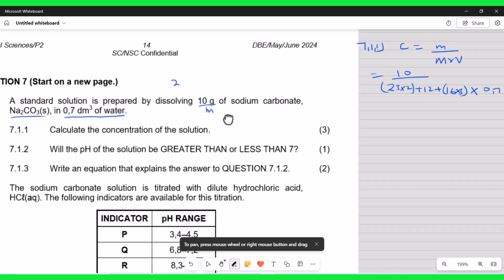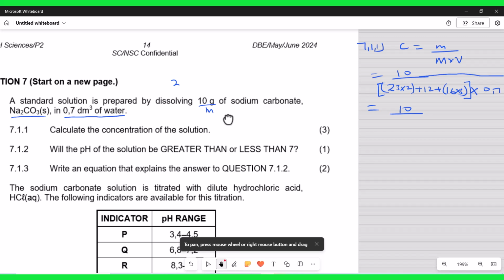Which is 0.7. So to avoid the confusion, I put a bracket here. I make the fraction like this. So it means I have 10 divided by what? Let me get my molar mass first here. Open bracket 23 times 2 and then plus 12, then plus open bracket again 16 times 3, it gives me 106.